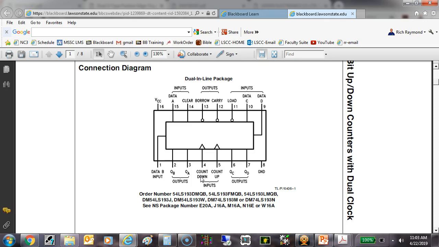No, an encoder is something that takes a number in another base or a code and converts it into binary. So we would have an octal to binary encoder. We might have a BCD to binary encoder.